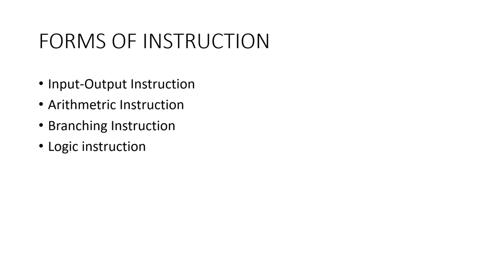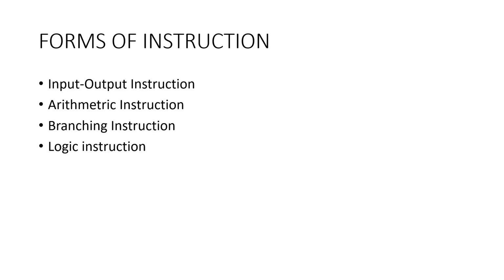When we say input instruction, it is the one that directs the computer to accept data and store it in a specific location. That is the input instruction. Then we have the output instruction.